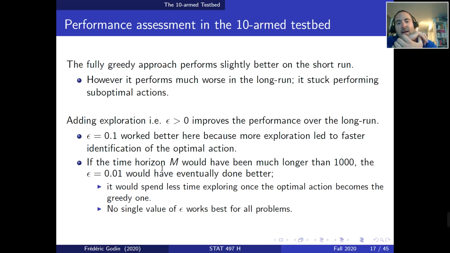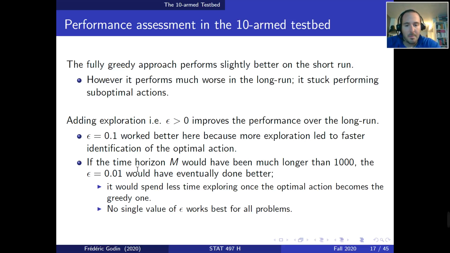However, as we said, eventually, if M had been much larger, then the approach which explored less would eventually become better than the approach which explored more. Okay, so we can see that at the beginning, it's very important to explore, but as time goes by and you have more certainty about your estimates, exploring becomes less important.